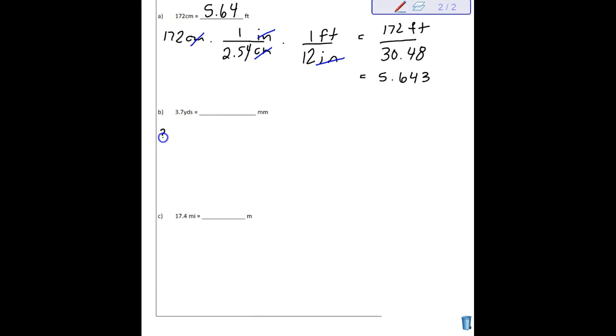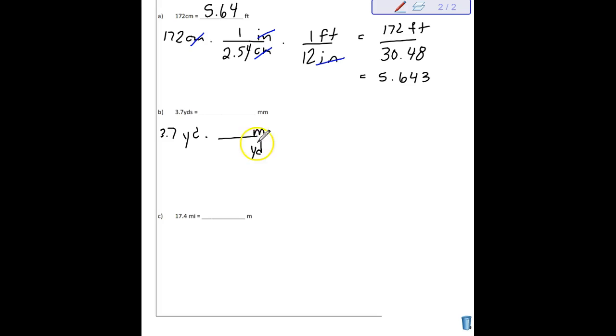Here I have 3.7 yards, and I want to convert to millimeters. Okay, well, let's see, what can we do? I can't go from yards to millimeters, but I can go from yards to meters. So let's start there.